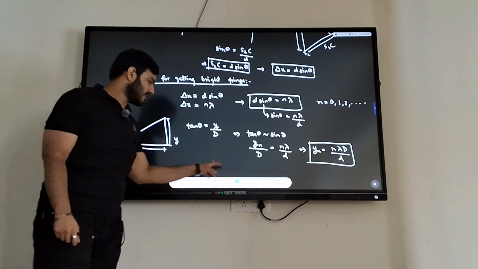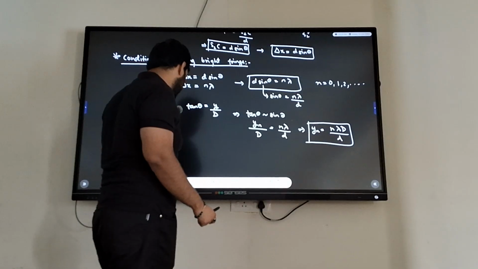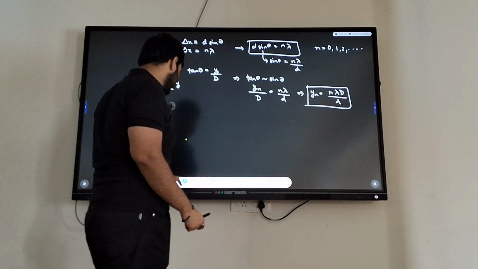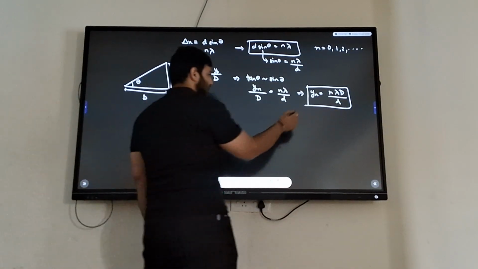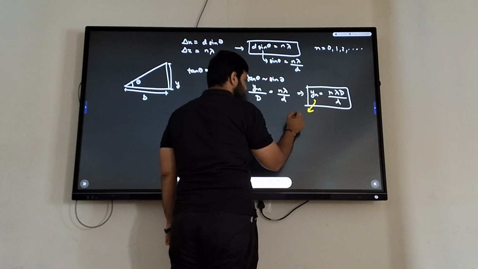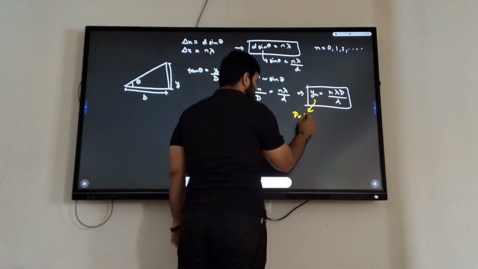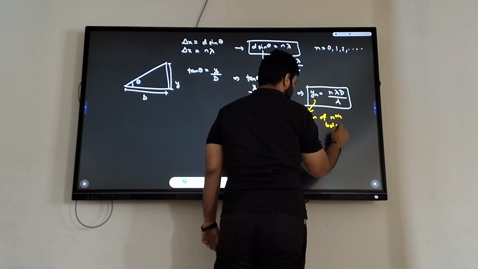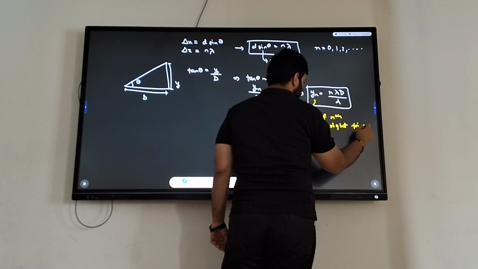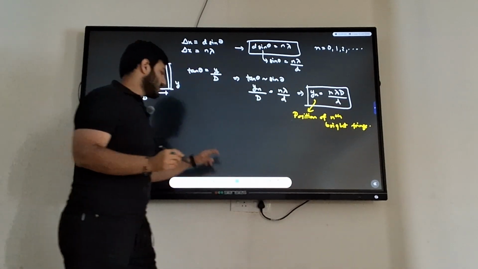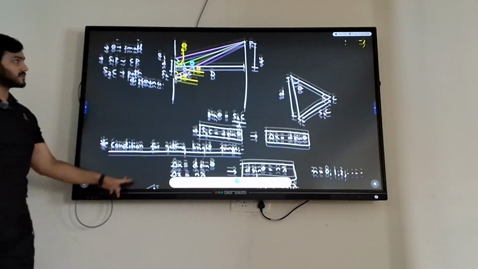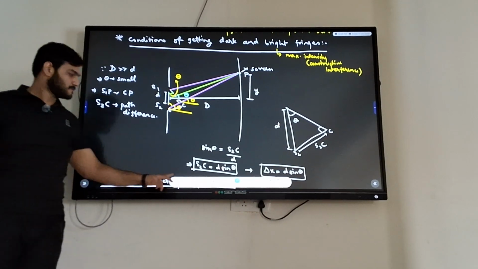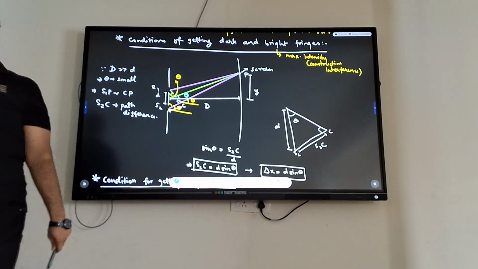So hopefully you have written till here, with that big diagram. You don't write along with me. Position of nth bright fringe. Write, hurry up, move your hands quickly.